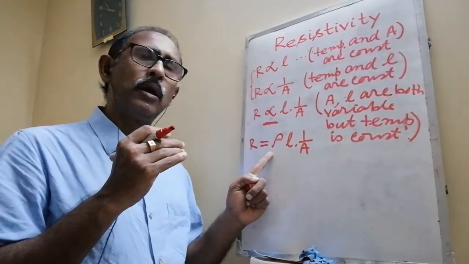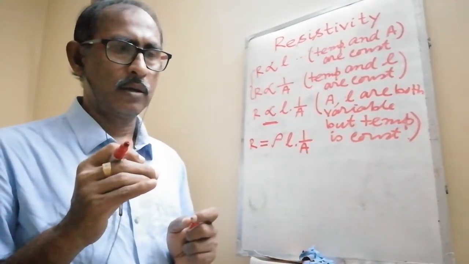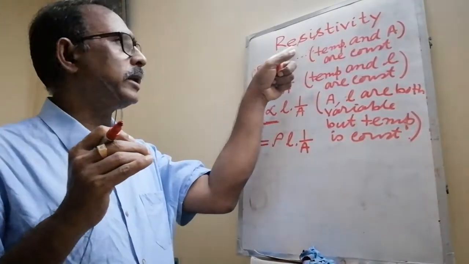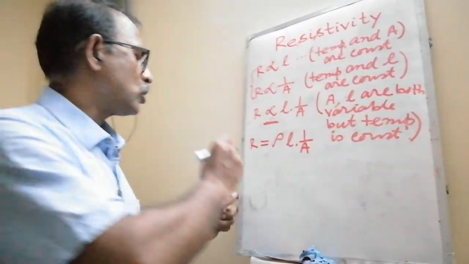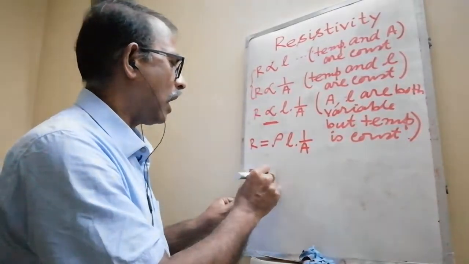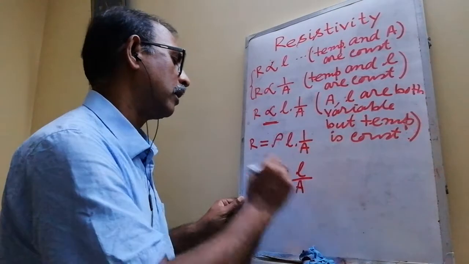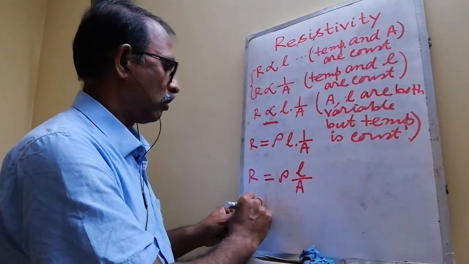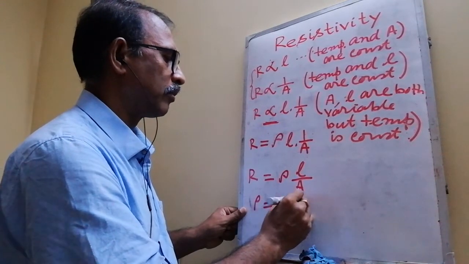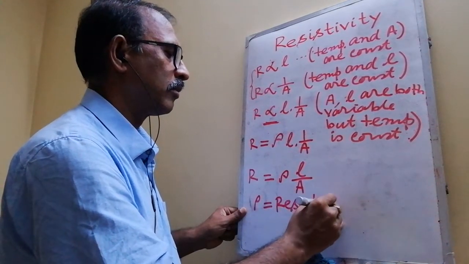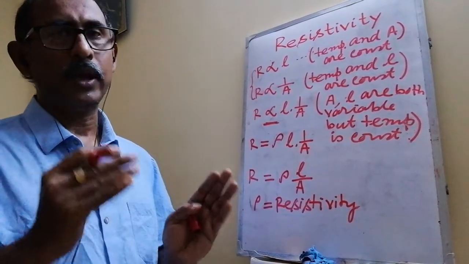But in physics, this rho is known as resistivity or specific resistance. So the formula will be R is equal to rho L by A, where rho is the resistivity or specific resistance.